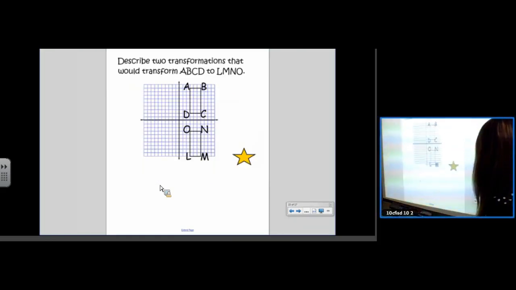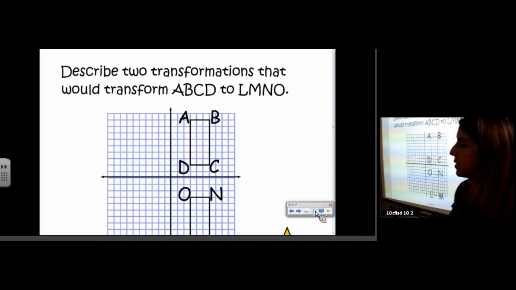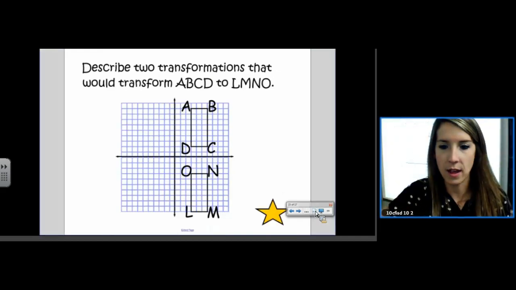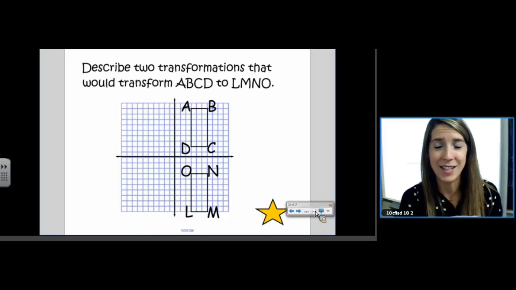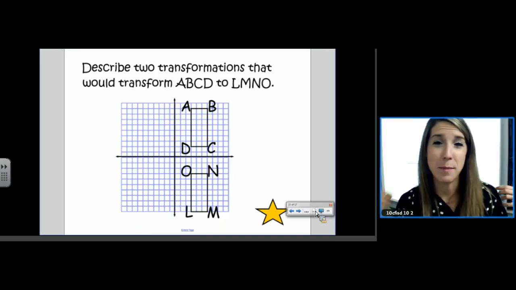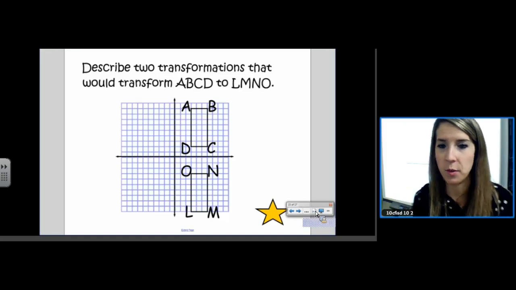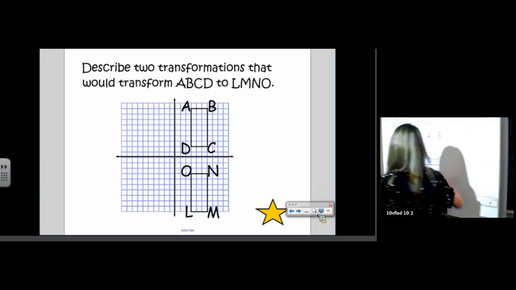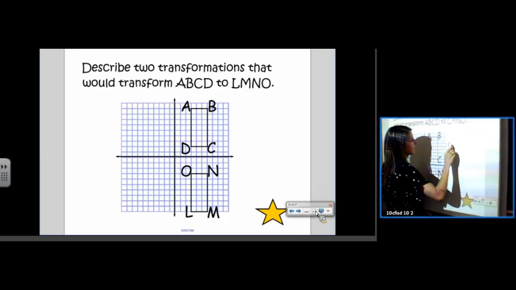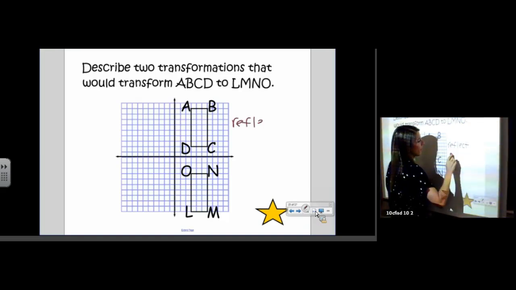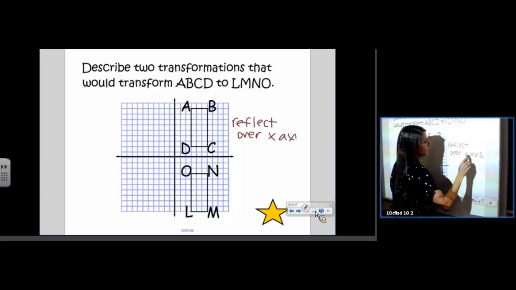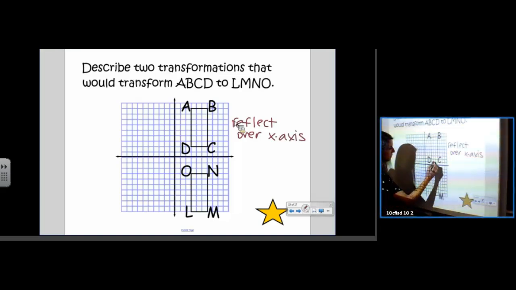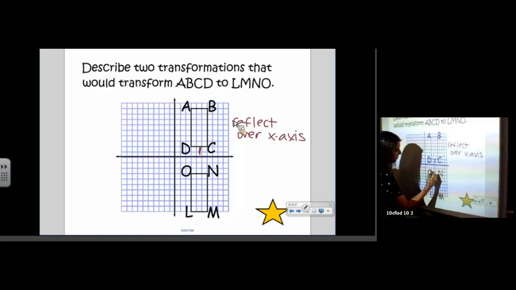Describe two transformations that would transform ABCD to LMNO. There are a couple of ways to do this. On the exam, you're going to need to be specific, although it will be multiple choice, of course. You could go ahead and reflect over the x-axis. But if you notice, this is 2 away, so 2 away would land you here.